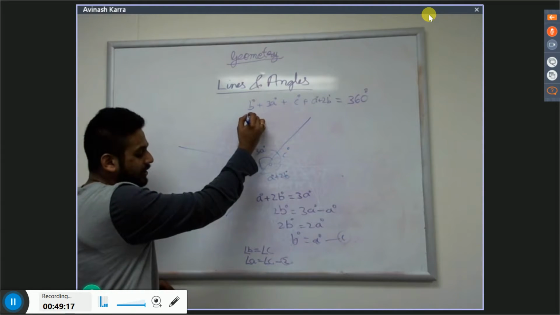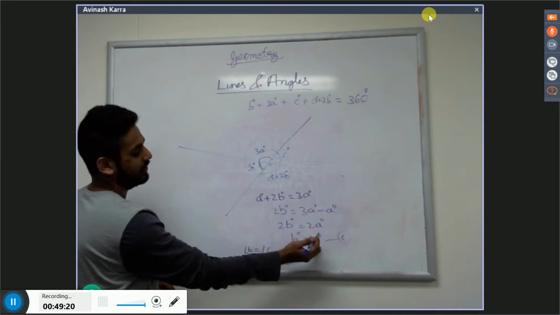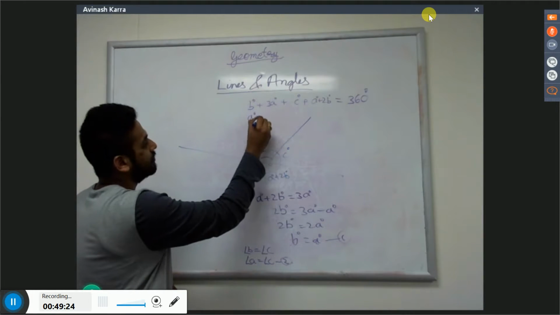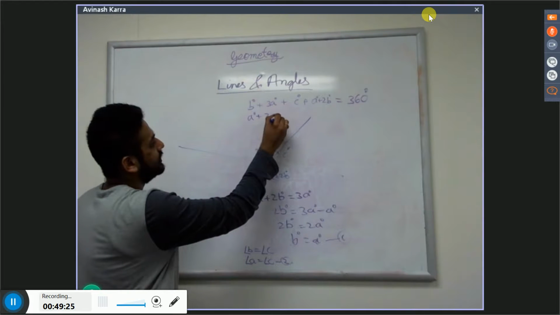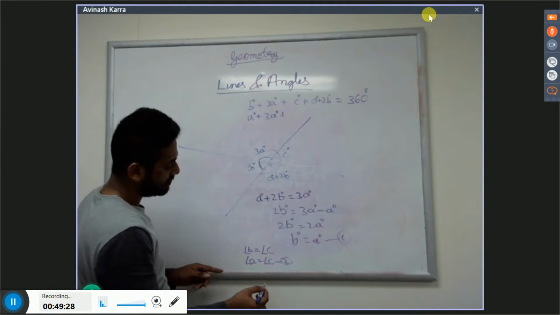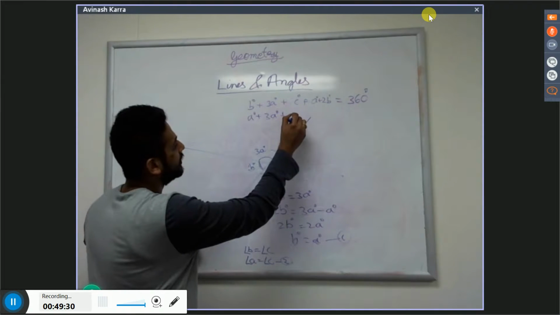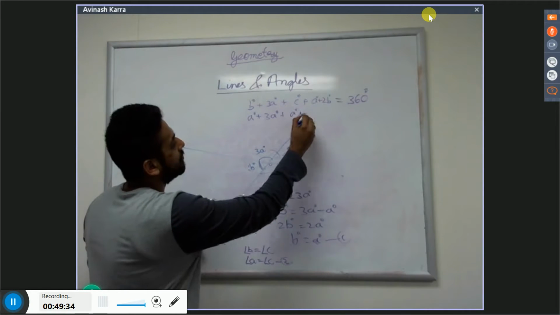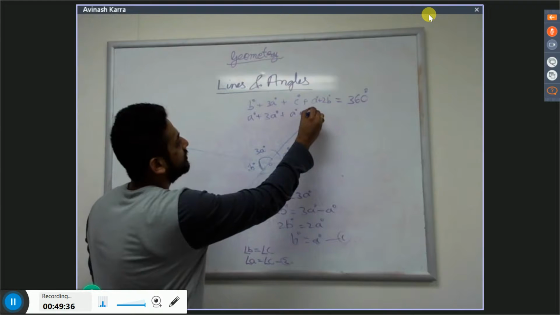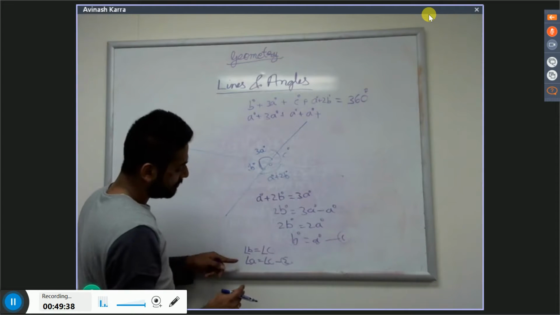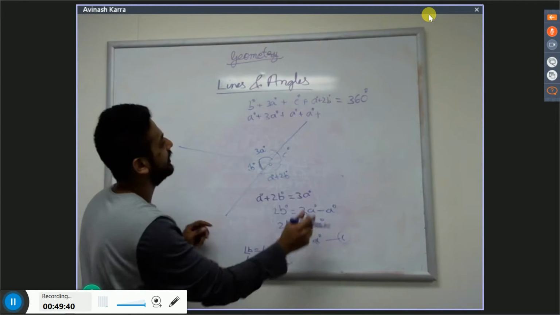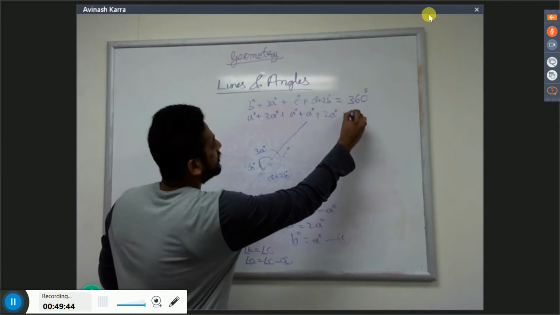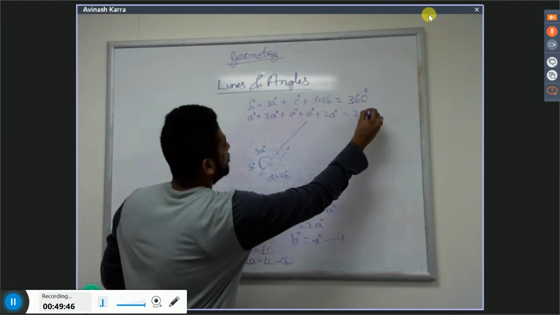Now, what is B in terms of A? A only. So 3A. And what is C in terms of A? A only. 3A degrees plus, let me take this A degrees. What is B in terms of A? A. So 2A is equal to 360.